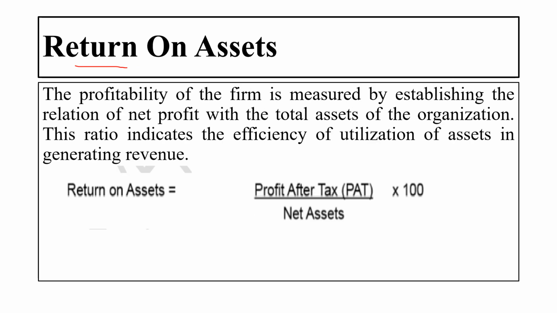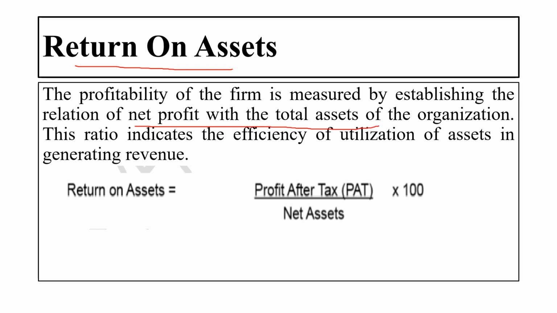Then there is the return on assets. The profitability of the firm is measured by establishing the relationship of the net profit with the total assets of the organization. Here we are looking at the relationship between the net profit of the company and the total assets of the company or the organization.